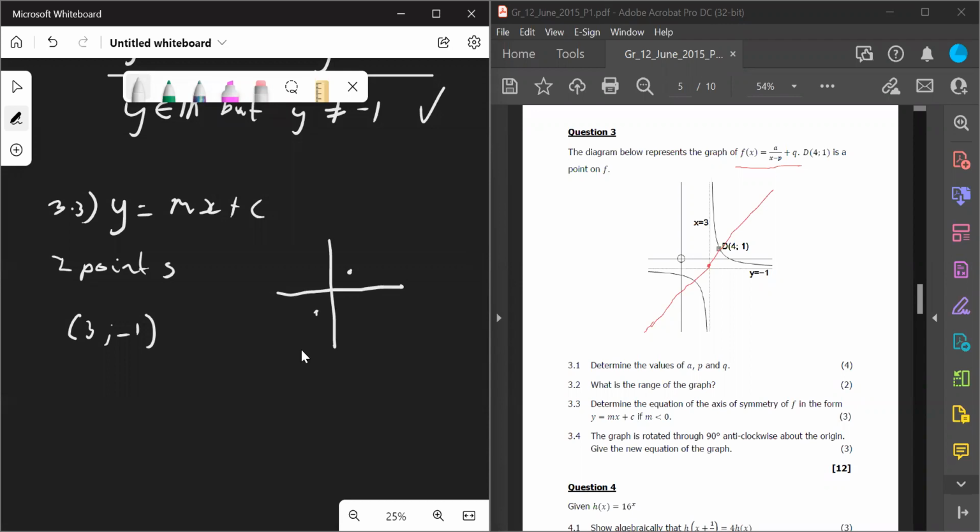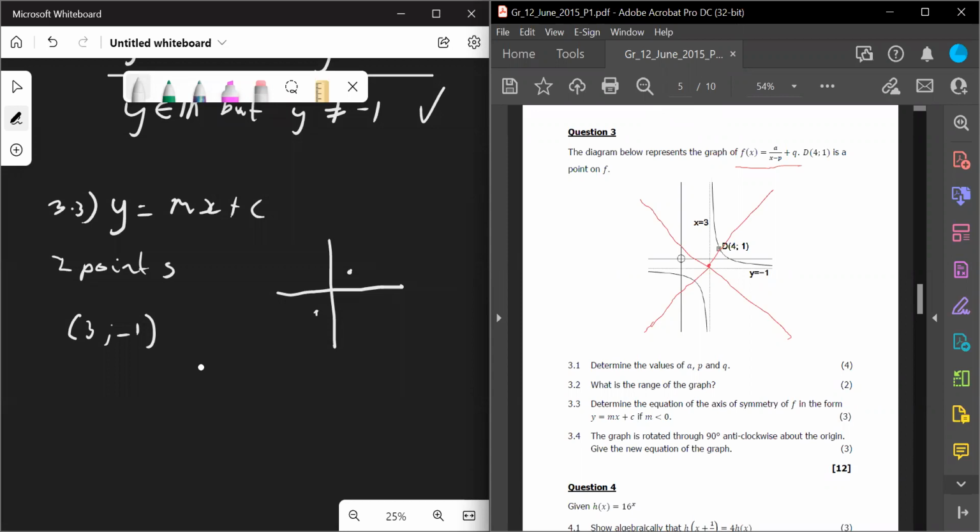It says m is negative as well, it's less than 0. But why? Because this is a positive, this is a positive. Okay, so then they want this one, where if you reflect that, it would be identical as well. So if it passes through this point, there we go.